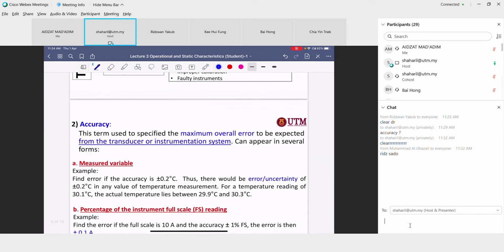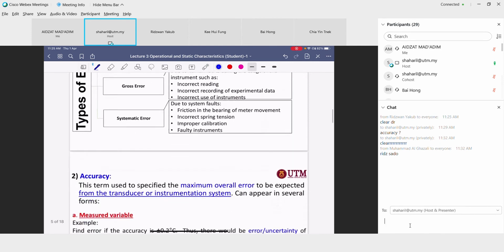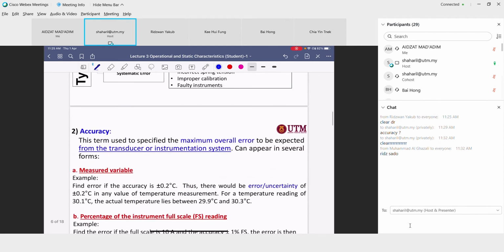And then accuracy. Sometimes we just assume that accuracy and error give you the same meaning, right? Actually, accuracy gives you some common statement, and from the accuracy you can get the error.